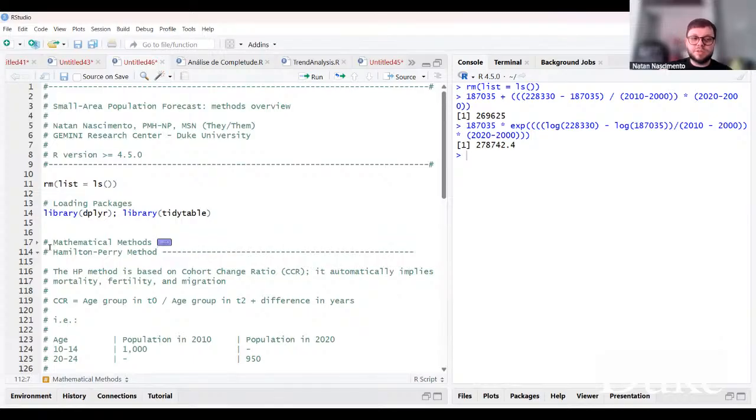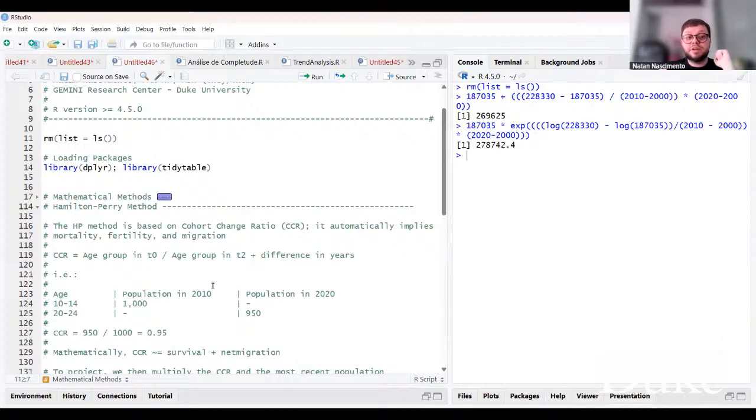We use mortality, fertility, and migration to actually project something. But if we don't have those data, especially based on age groups or race and ethnic groups, we need something that is implied. And the Hamilton-Perry does that. And how does it do that? The first thing we must do is calculate the cohort change ratio.